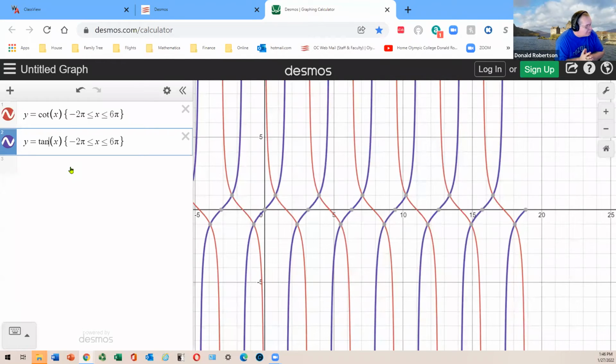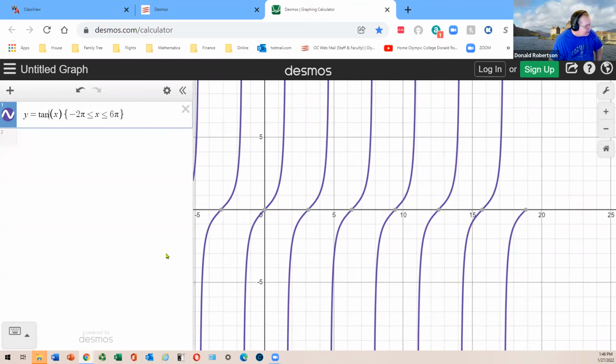All these shapes have a period, in other words, the distance it takes from the start to where it starts again. So I'm going to hide the cotangent. Here is the tangent. If you're looking at this point, which is at 0, doesn't it get to here and repeat itself?